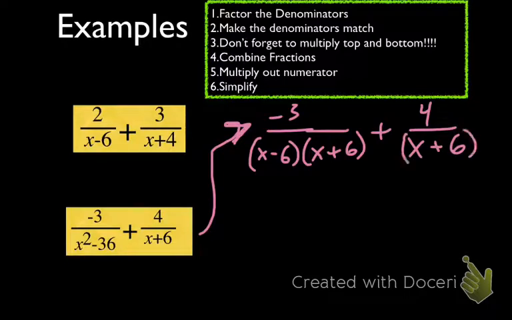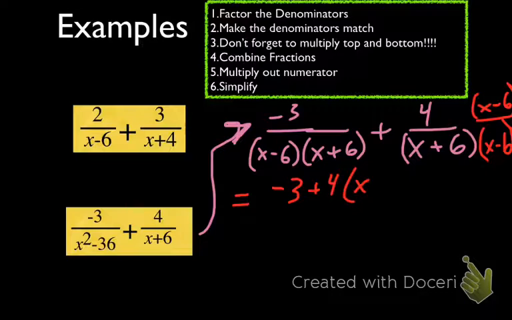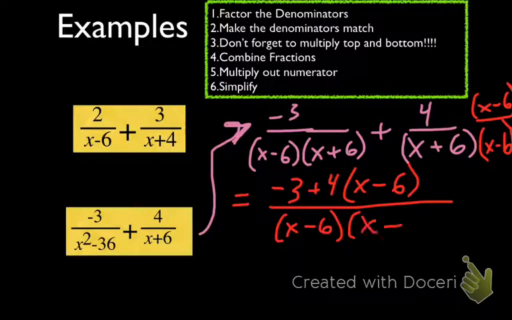I need to have an x minus 6 on the top and the bottom. So x minus 6, whoa. Imagine that there's a parenthesis around that. X minus 6 divided by x minus 6. And it becomes negative 3 plus 4 times x minus 6 divided by the common denominator, which was x minus 6 times x plus 6.